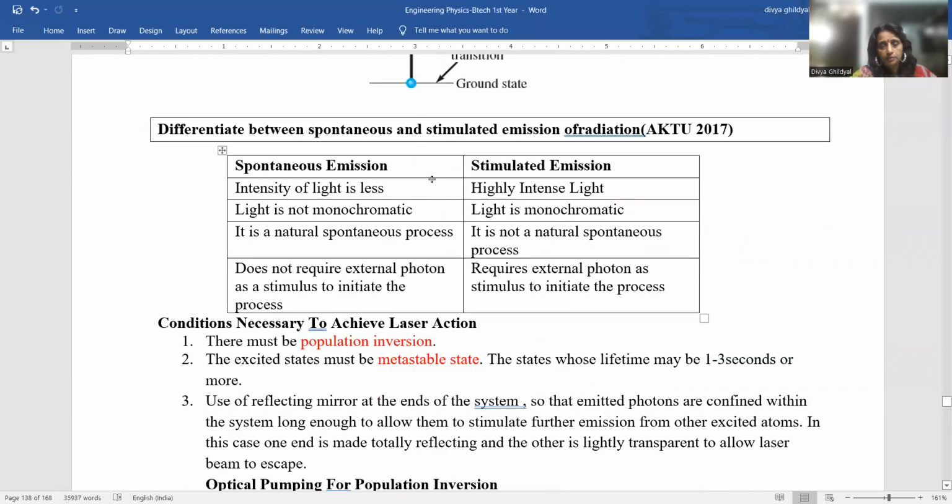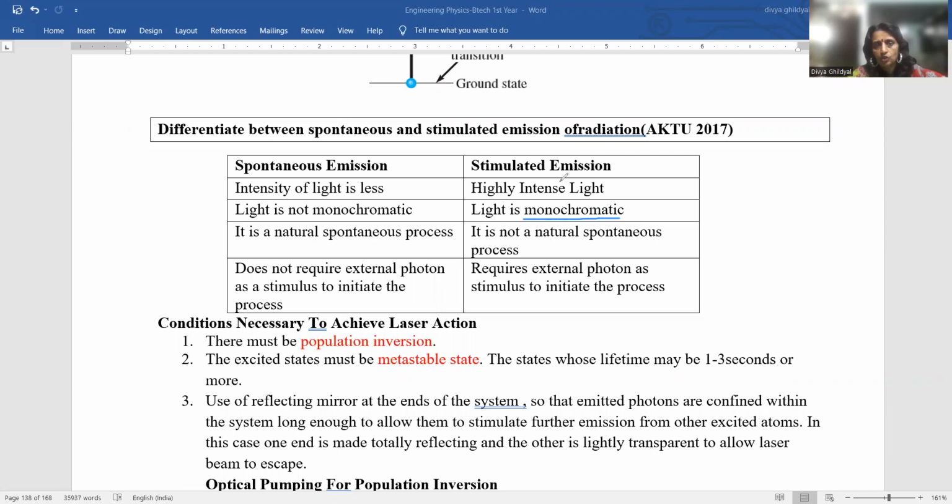This question has been asked many times: differentiate between spontaneous and stimulated emission of radiation. Spontaneous is something that is happening on its own. So light here is not monochromatic, but in stimulated emission, which is the principle of laser emission, light will be monochromatic, because laser light has the property of being monochromatic.